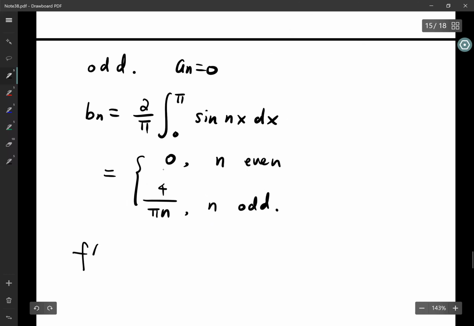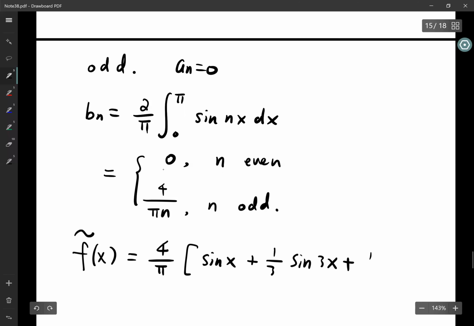So the Fourier expansion, we'll put a tilde here because it's not exactly the same function, is 4 over pi times sin x plus 1 over 3 sin 3x plus 1 over 5 sin 5x, and so on.